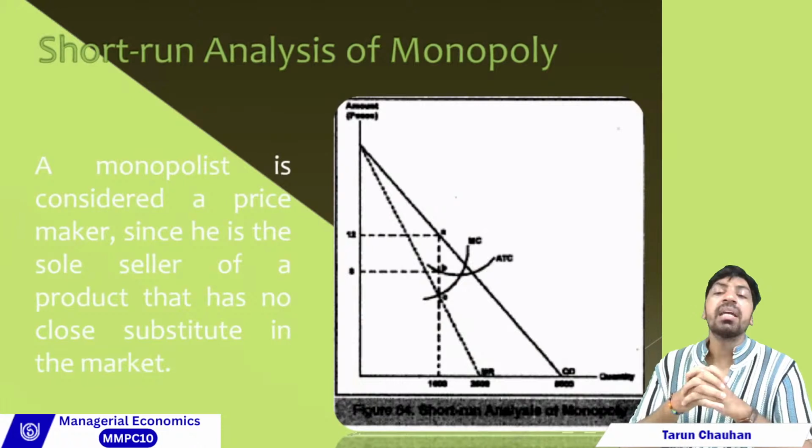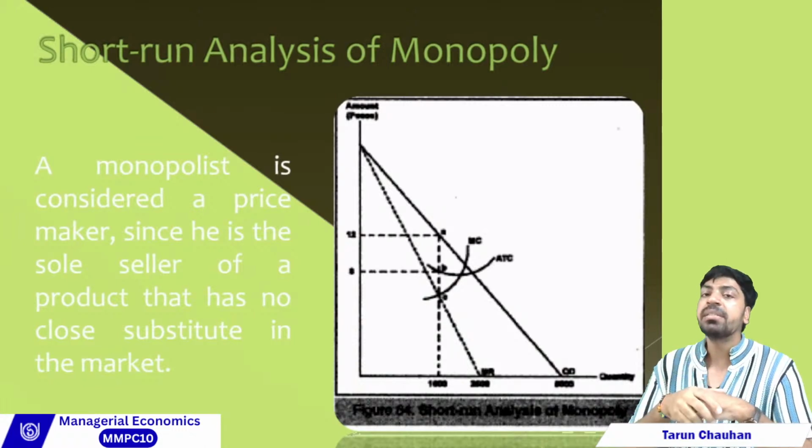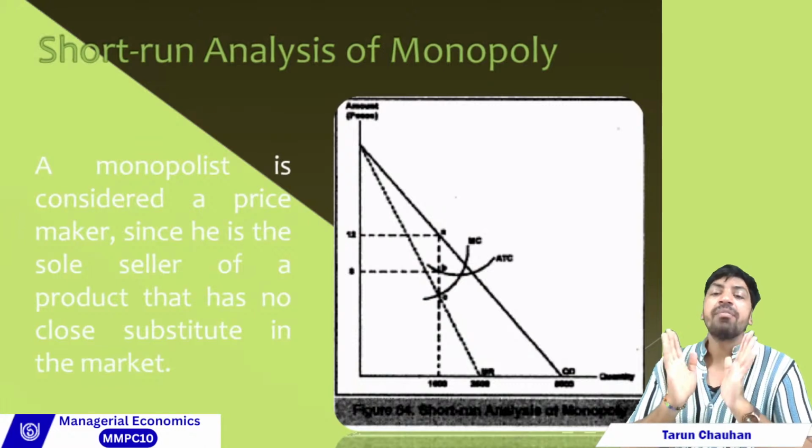So these costs are also equivalent when it comes to analyzing the monopoly market in the short run. We have to draw the two curves where the quantity will always be increased under a case of monopoly.